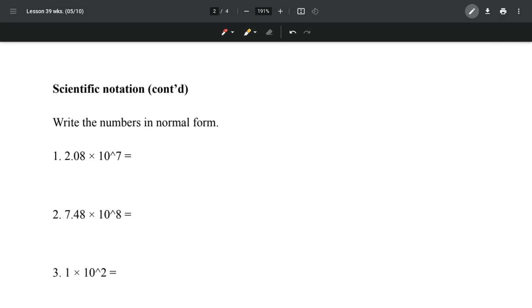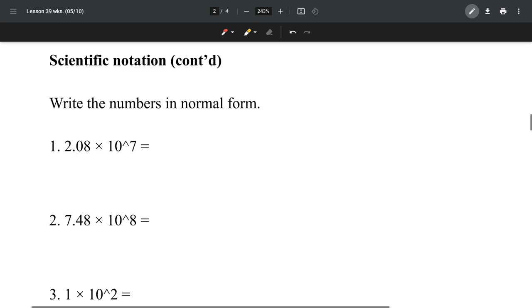This time we're writing the numbers in normal form. It's already put in scientific notation, and we want it in normal form this time. So we have 2.08 times 10 to the power of 7. We're going to move the decimal point 7 times to the right.